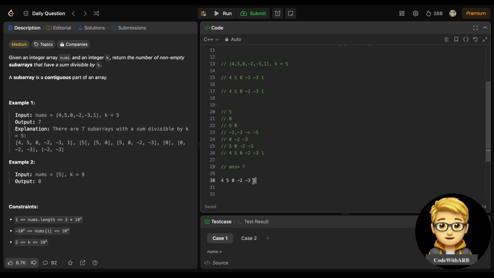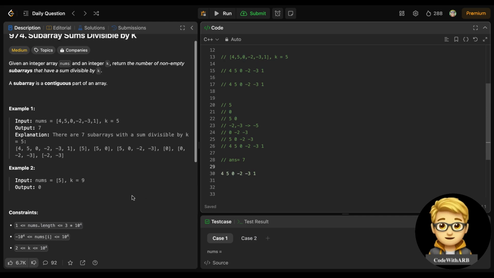We need to find all the subarrays, and for checking the divisibility condition we need to ultimately take the summation. But if you take a number and sum it again and again, like 4, 5, then 4, 5, 0, then 4, 5, 0, minus 2, then 4, 5, 0, minus 2, minus 3, then start from 5, that will take O of n square. That is also not an optimal solution, right?